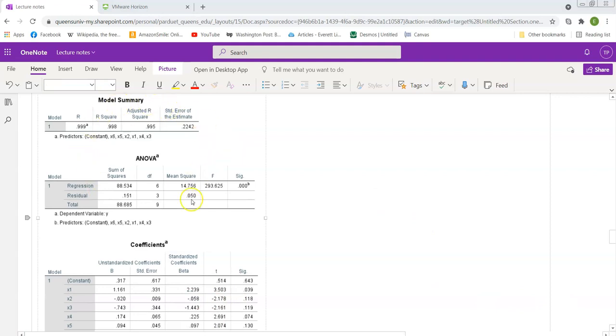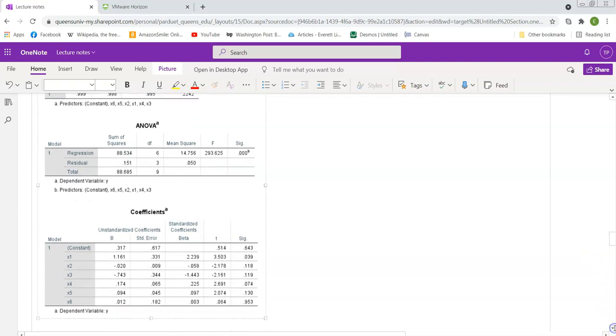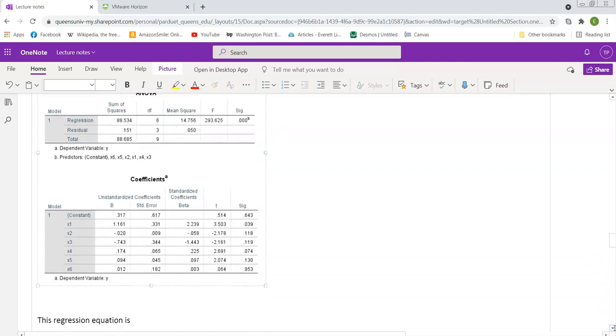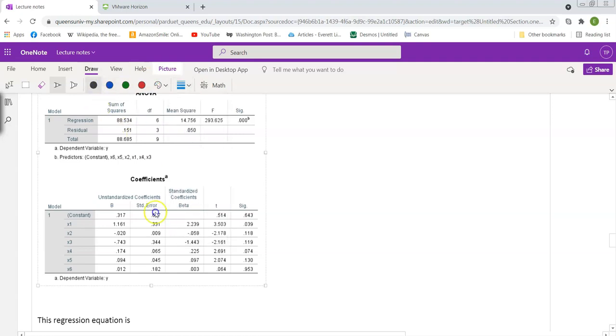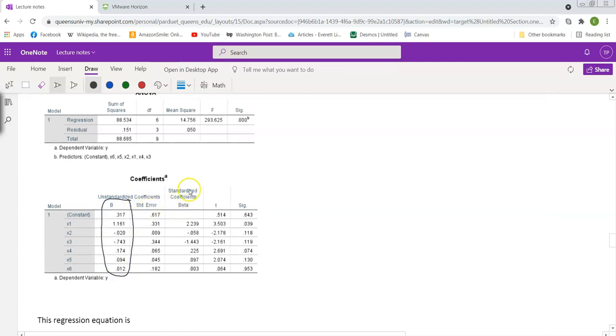And we're going to come back and look at these first two tables in just a minute. But for right now, let's just look at our regression coefficients. So where it says unstandardized coefficients, the B's, this is what we want. Under unstandardized coefficients, B, those are our regression coefficients.